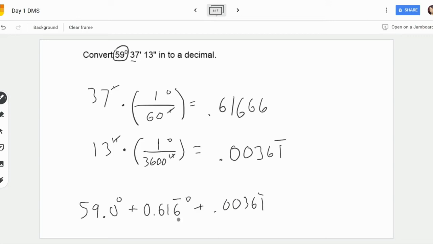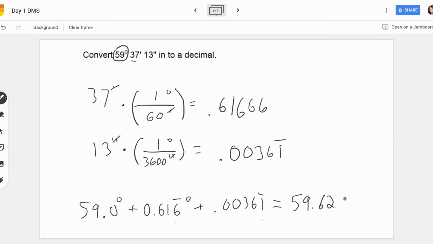You're going to put in a whole bunch of sixes for this repeating part and a whole bunch of ones for that repeating part. So I'll type into my calculator 59.0 plus 0.61666666, I'll just put like 10, and then plus 0.003611111111, and I end up with 59.62.